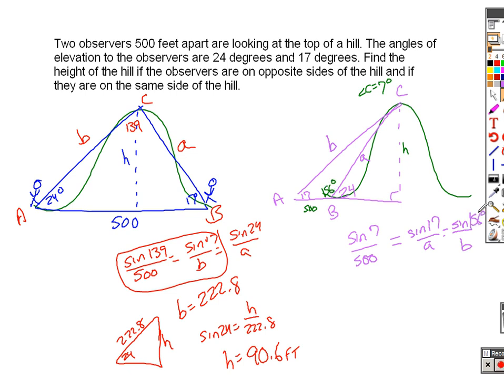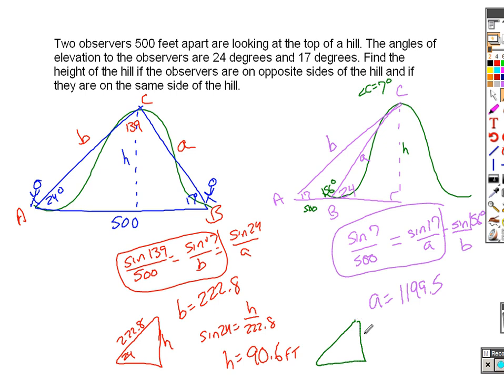Either way would work just fine. What I'm going to do with these ones, A would equal 500 times sine 17 divided by sine of 7, which should give me 1,199.5.